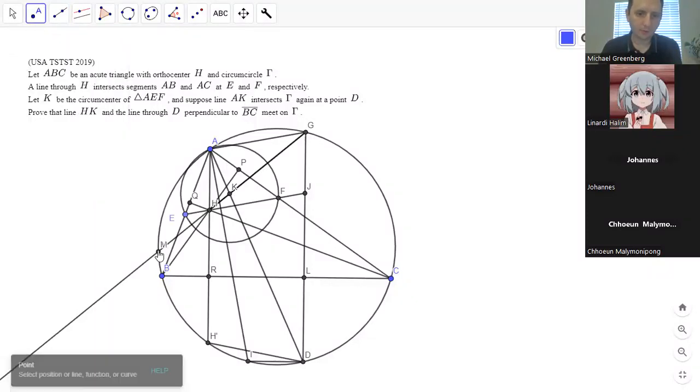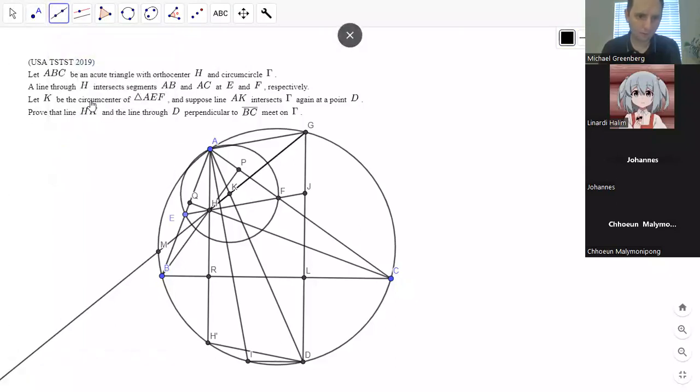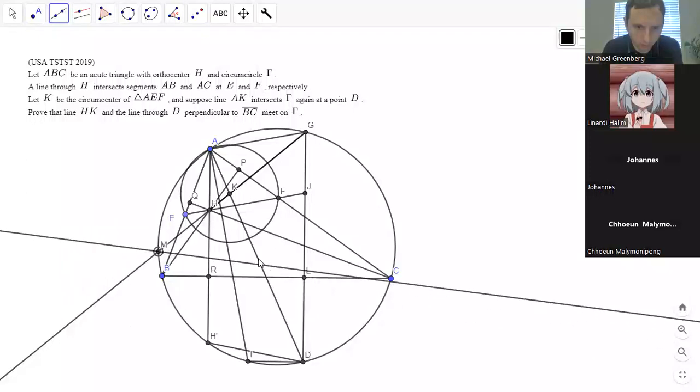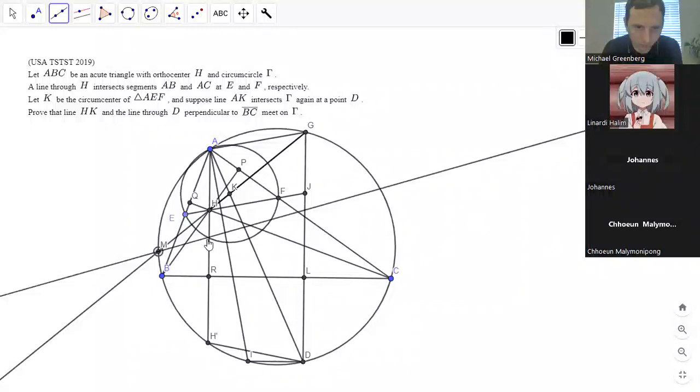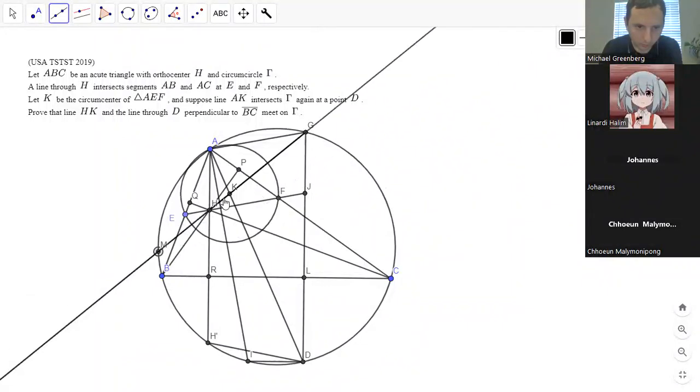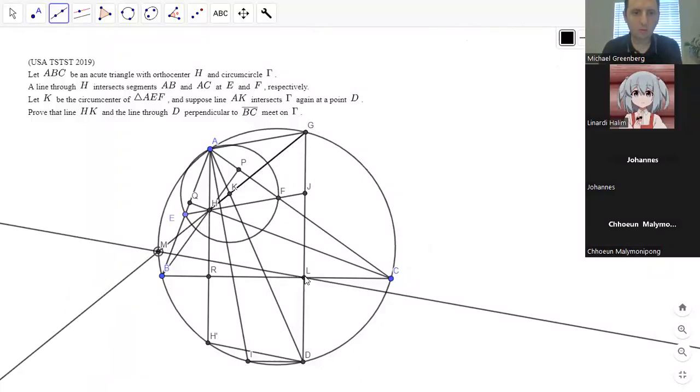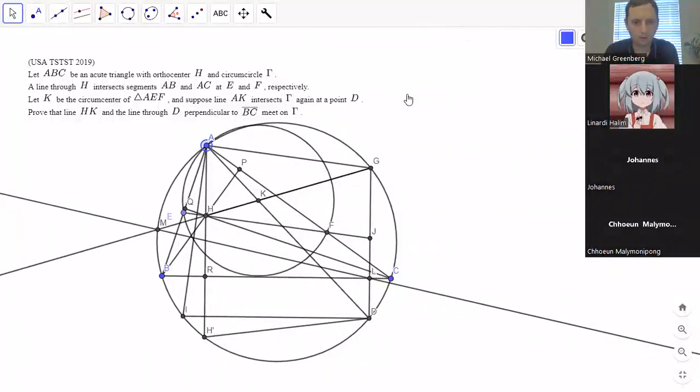Is there anything special about this point? I don't think so. Unless ML is somehow parallel to HD, but no, it's not.